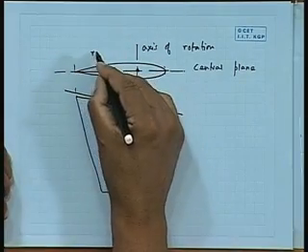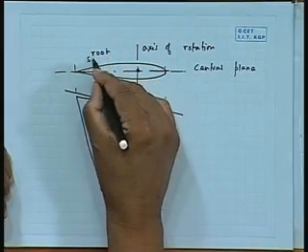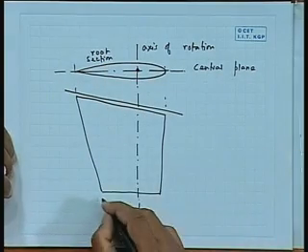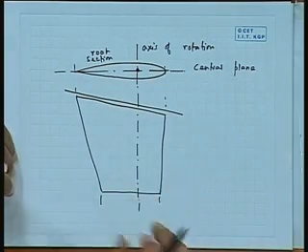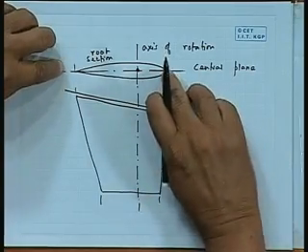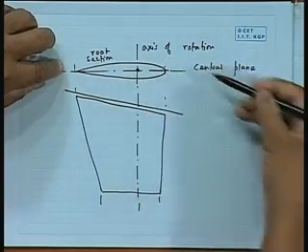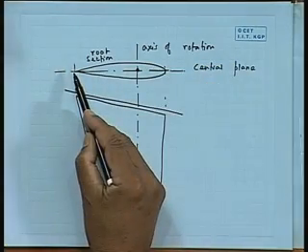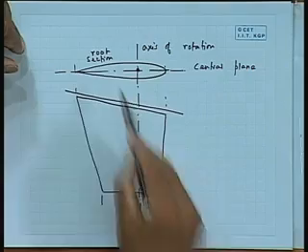This can be called the root section. This is the tip. See, there is some definition. Any aerofoil section, the direction from which its flow comes, you call the leading edge. This is the trailing edge. You must have been hearing leading edge, trailing edge, root section, etc.